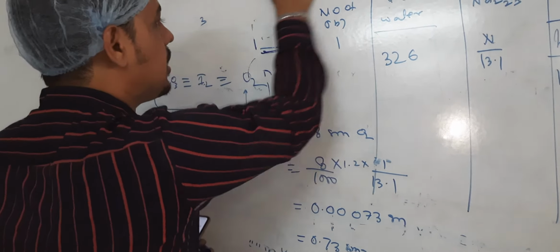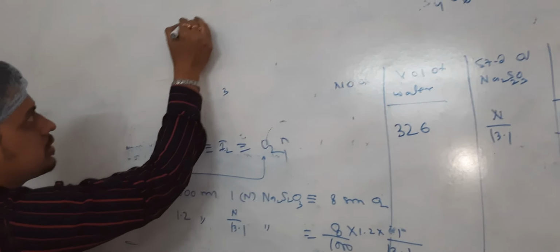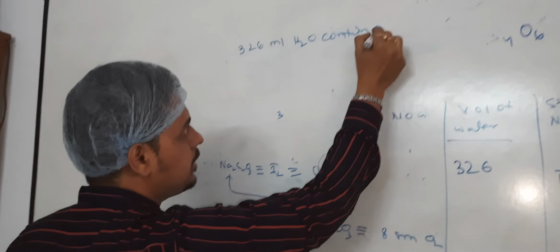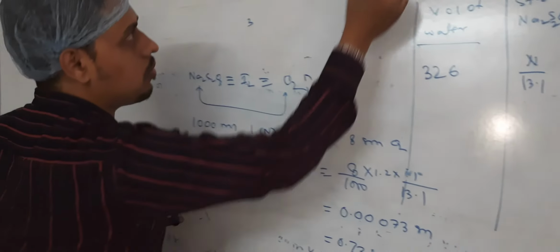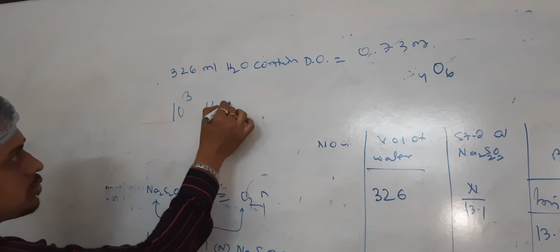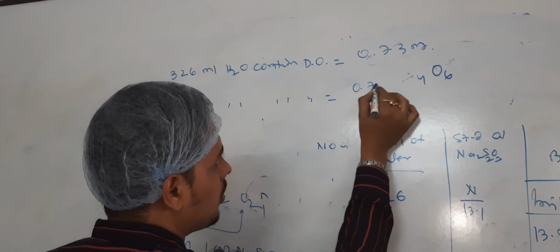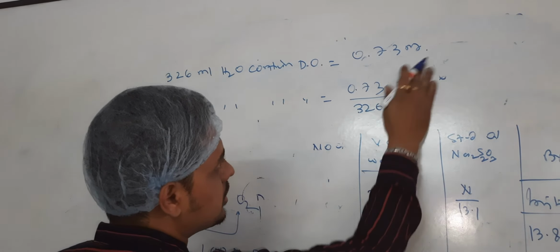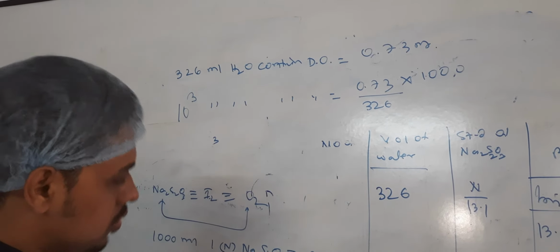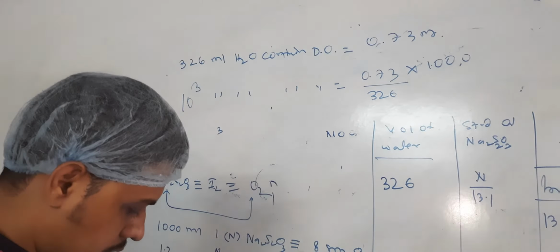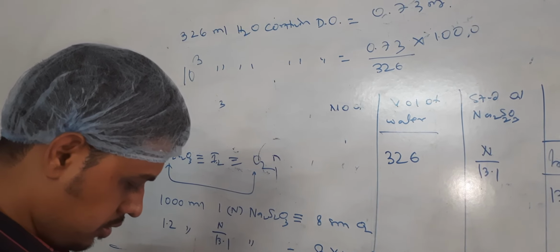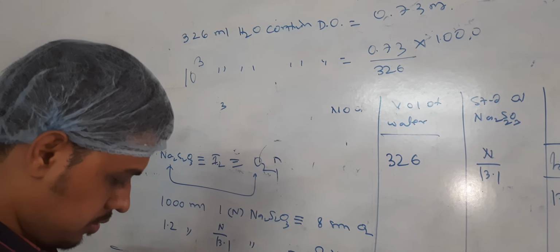Now what is the volume of water? 326 ml H2O contains DO equal to 0.73 mg. So 10 to the power 3 ml H2O contains DO equal to 0.73 divided by 326 multiplied by 1000. So it is 0.73 into 1000 divided by 326.